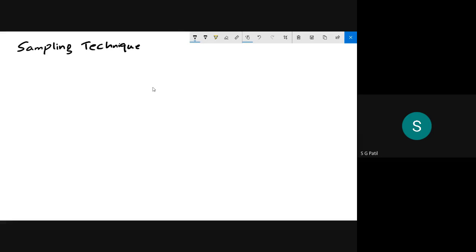There are two types of sampling methods. One is the disturbed soil sample, and another one is the undisturbed soil sample.